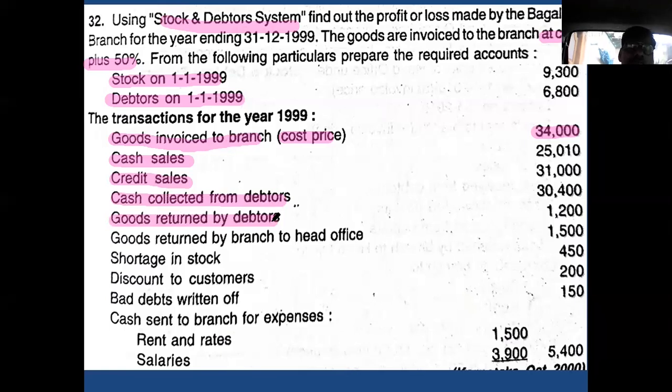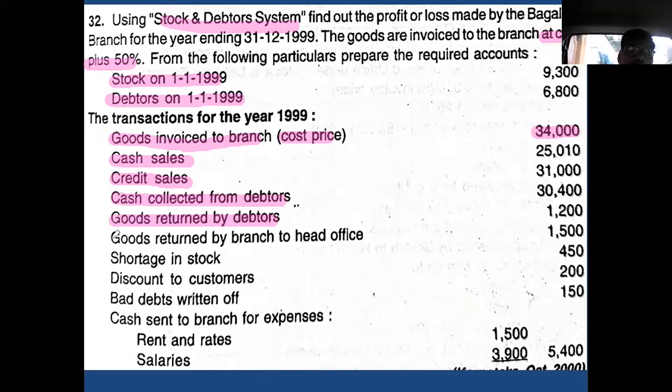Branch stock account credit side. Goods returned by debtors is sales return. This is a sales return, comes on the debit side of the debtors account and goes to the branch stock account credit side. Remember this.